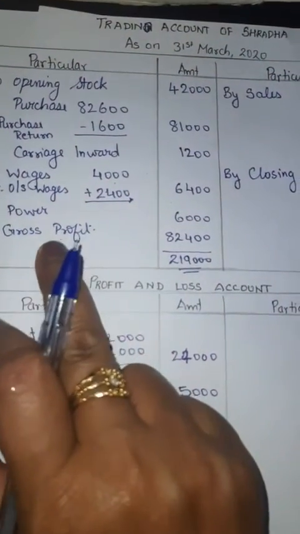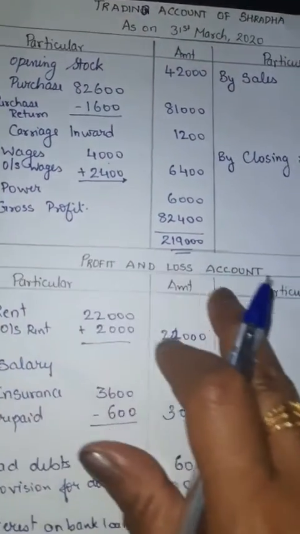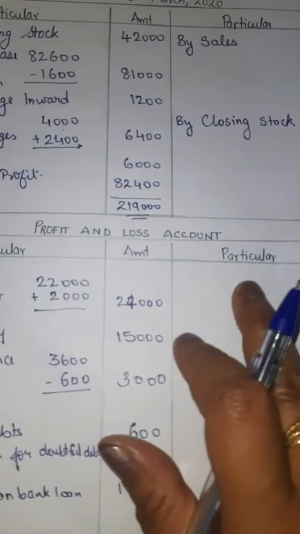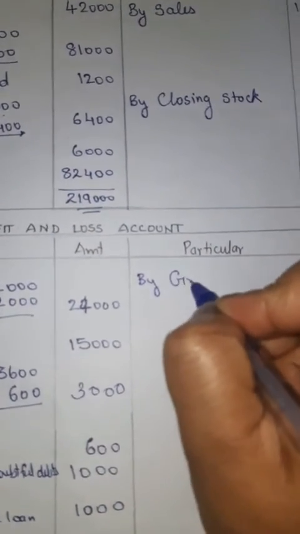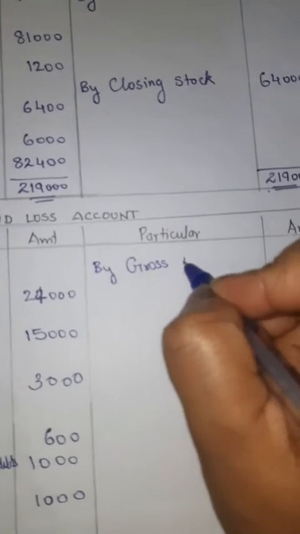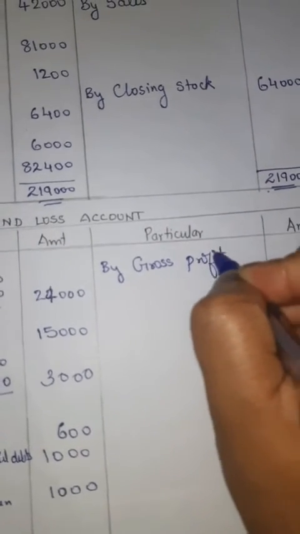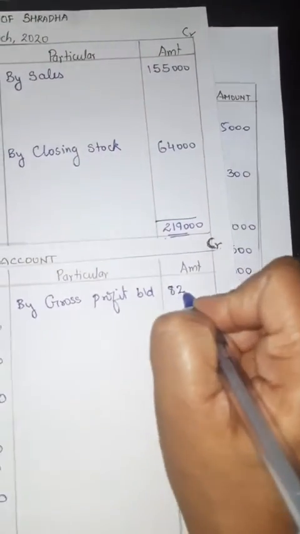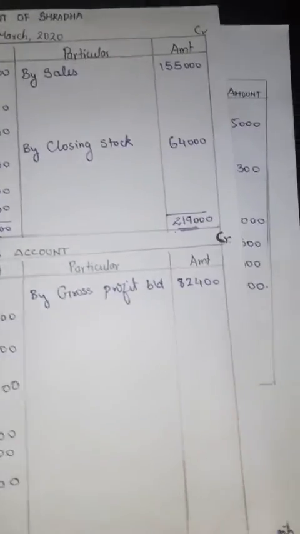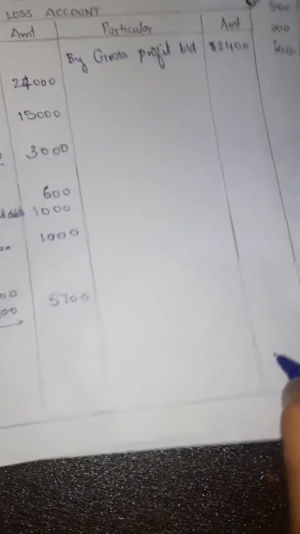This balance, that gross profit, you have to bring to the profit and loss account and write down here, by gross profit brought down, the amount is 82,400. Okay, now we can make the total of this side.